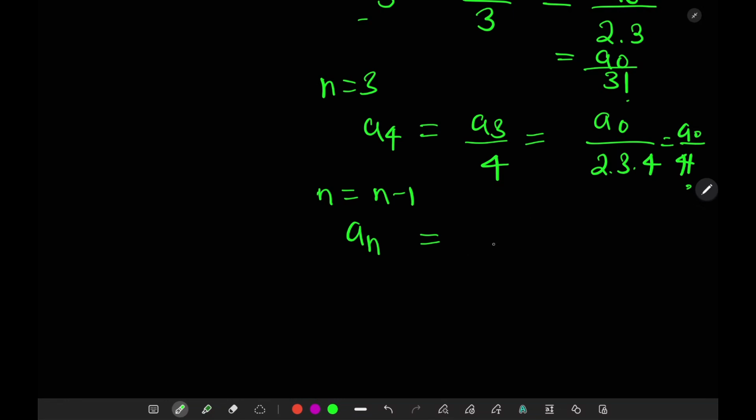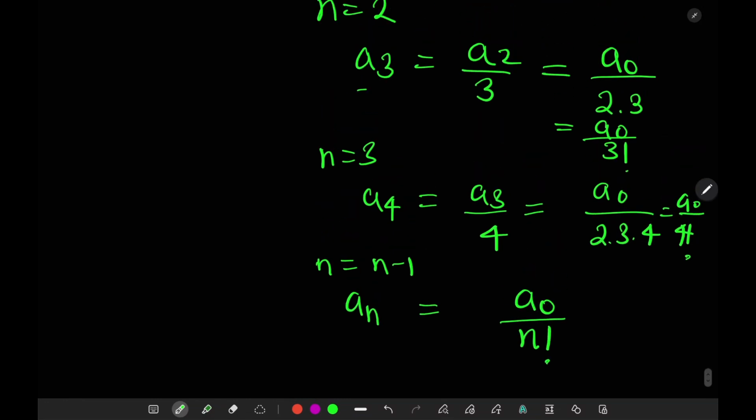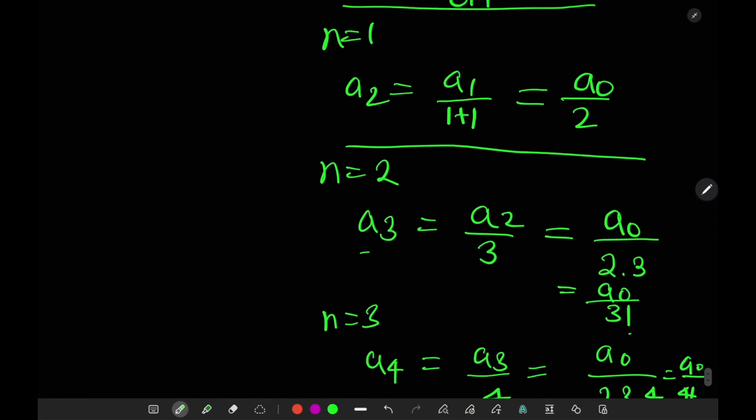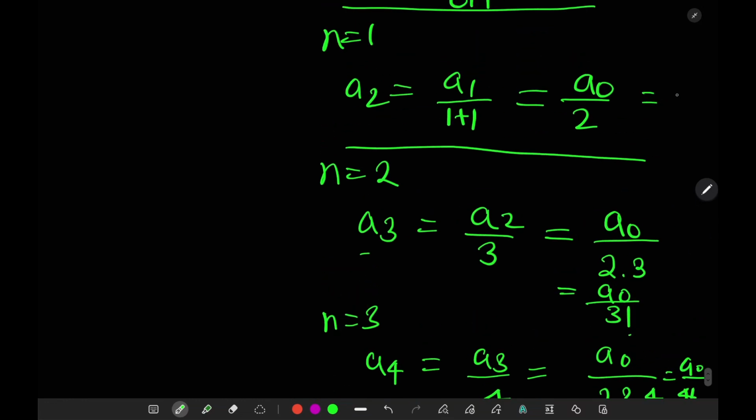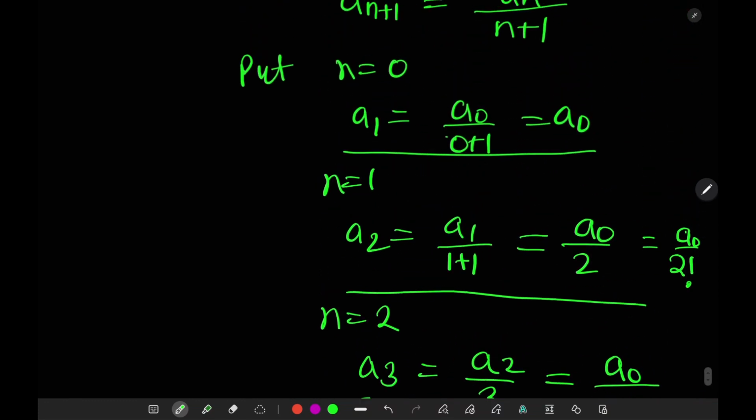Similarly, we can write an is equal to a0 by factorial n. As you can see from these values, a2 is equal to a0 by 2, so we can write a0 by 2 factorial.